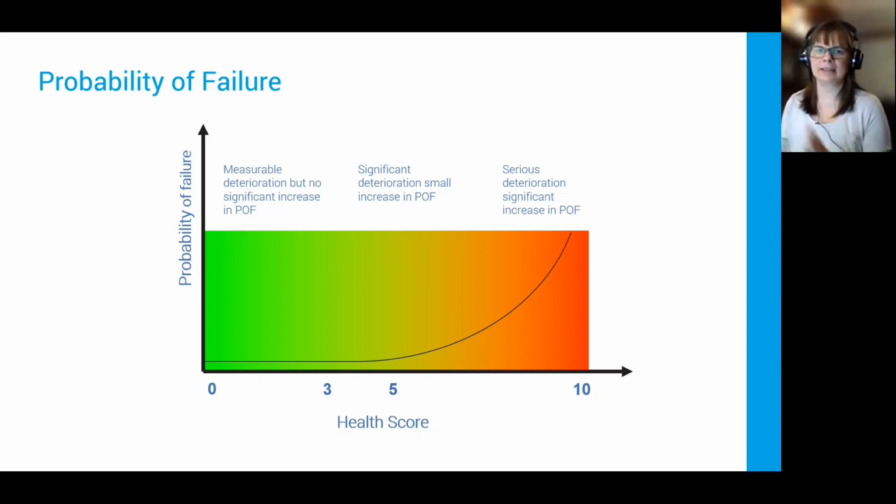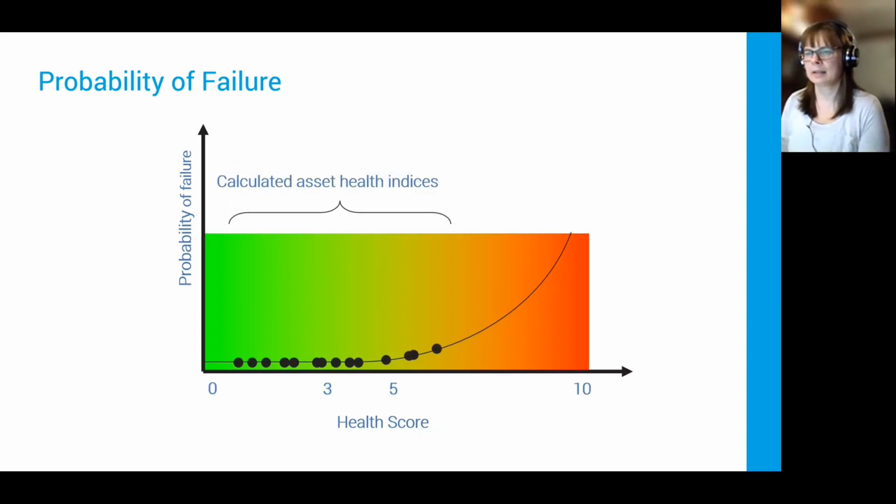So we've established this relationship, and what we find is that assets at a health index of 10 have 10 times the likelihood of failure of an asset that's on the flat part of the curve. So that's how it's set up. And the way we use it is that if we get all of our assets and we know what our failure rates are, we can put them on little dots.